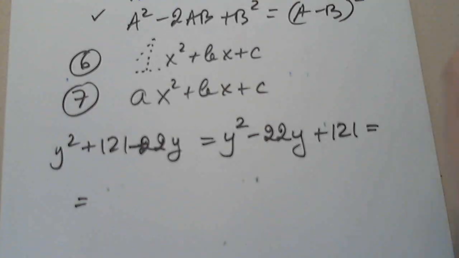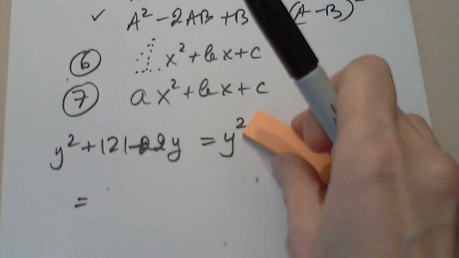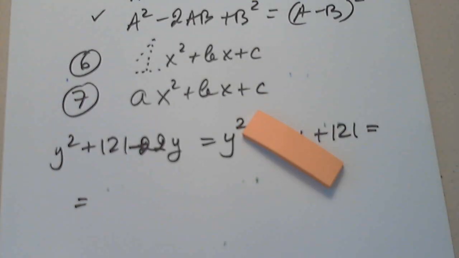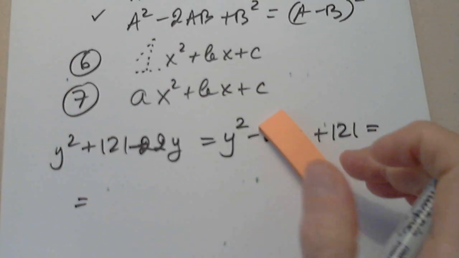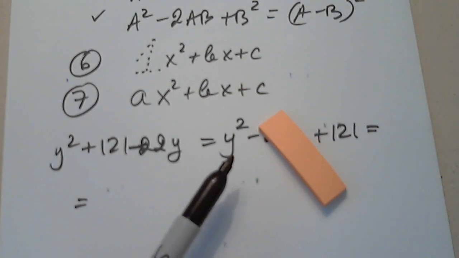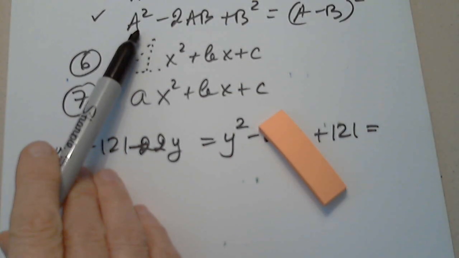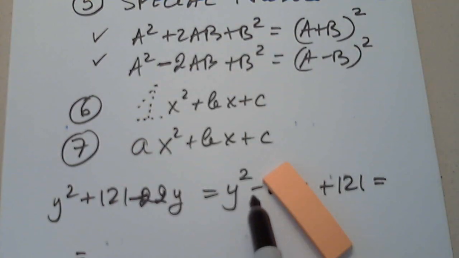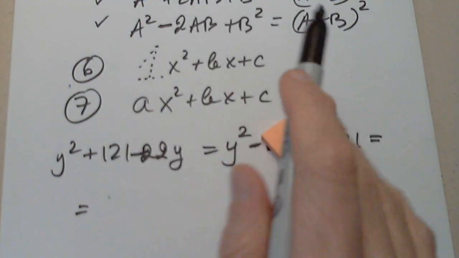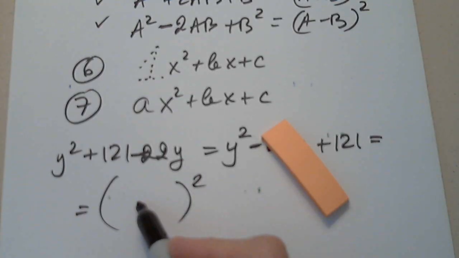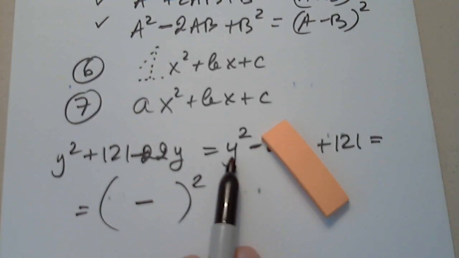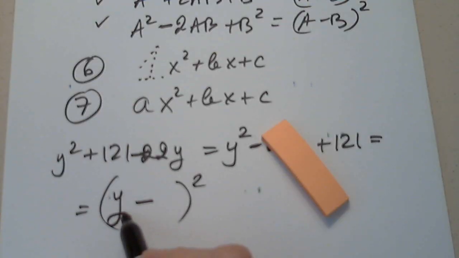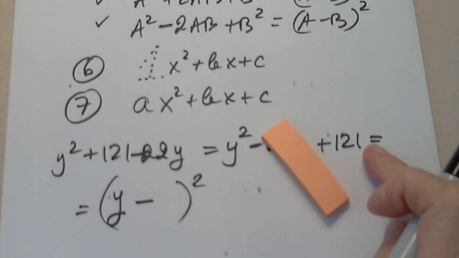So what I am going to do is what we've been doing so far. If it is a special product, it can only be the second one. How do I know? Because only the second one has the middle term that is negative. So if it can be the second one, what term squared is y squared? Well, I have y. What term squared is 121?